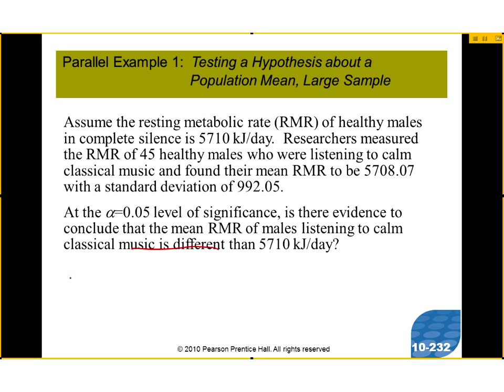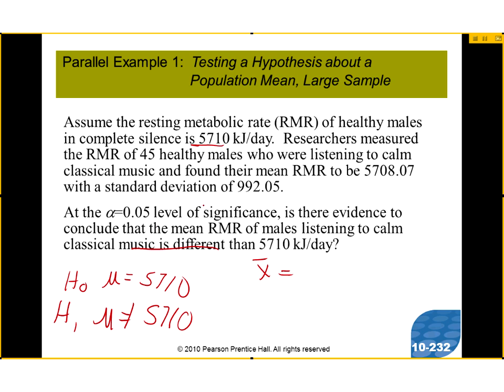So different means a two-tailed test. H0 is this number. H1 is not equal. Our X bar value, and our sample standard deviation is 99.2.